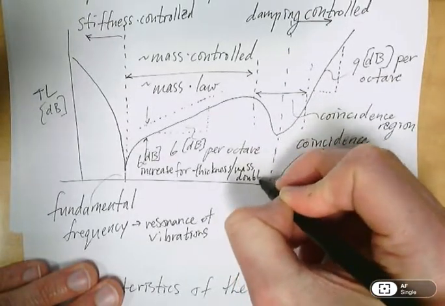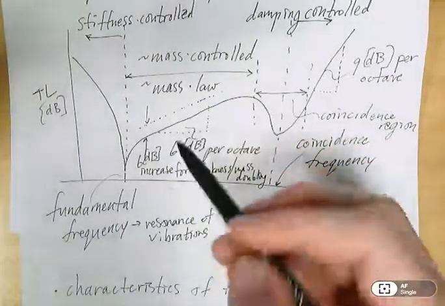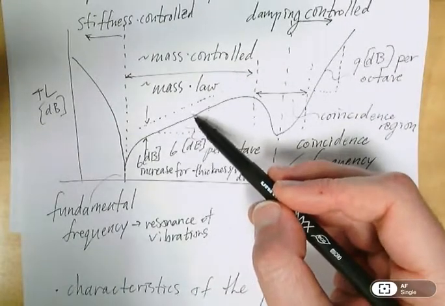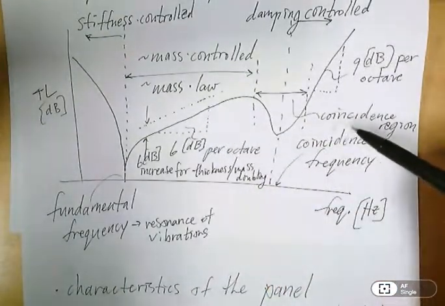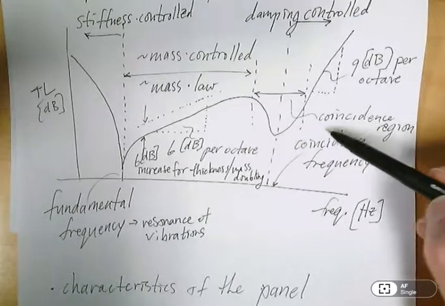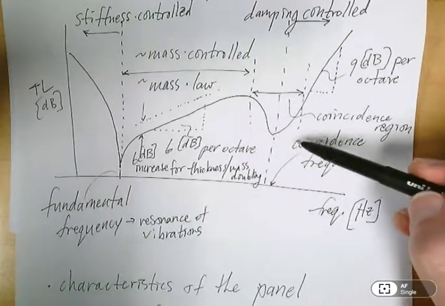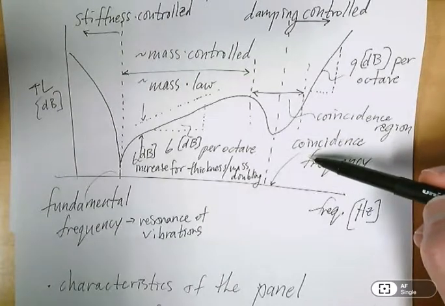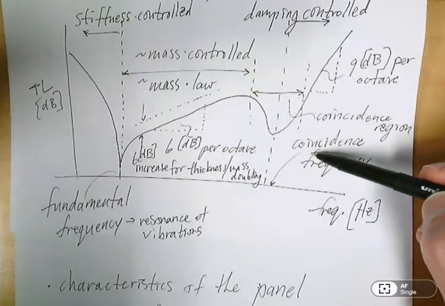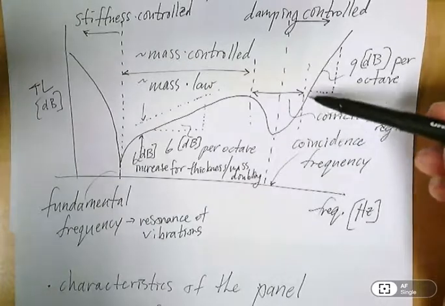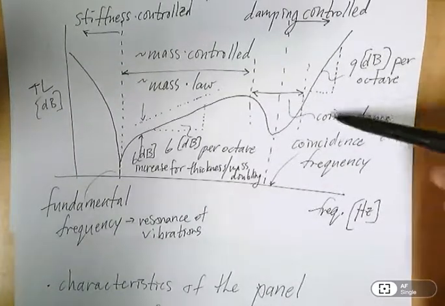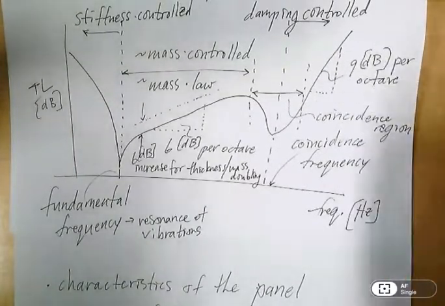Then, these trends terminate at high frequencies due to coincidence. That can be identified for a given oblique angle of arrival of waves at a coincidence frequency. Above this region, we have a 9 decibel per octave increase in the transmission loss.